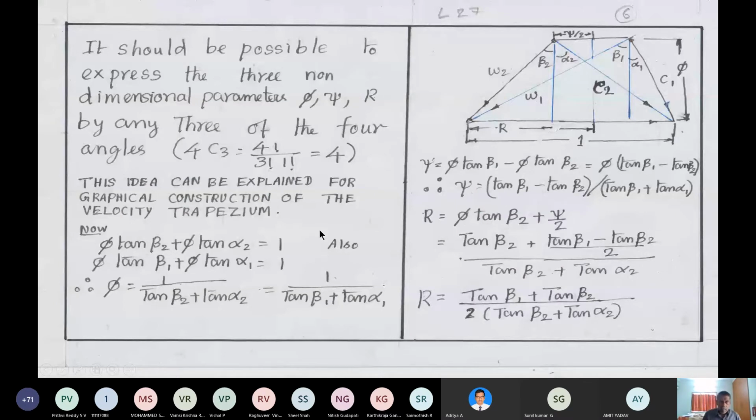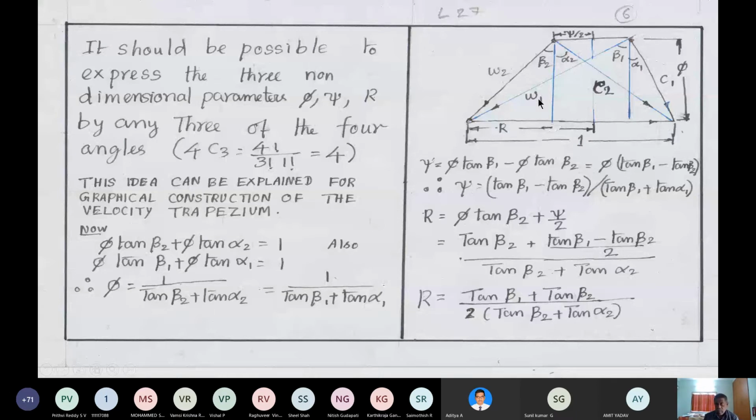We can express these parameters phi, psi, and r as functions of the angles, or the angles can be expressed by the parameters phi, psi, and r. Now we'll see how the parameter phi can be expressed in terms of these angles.